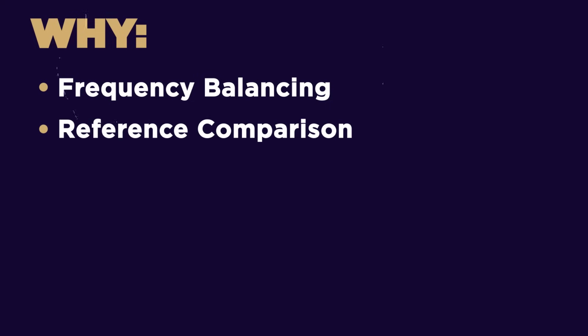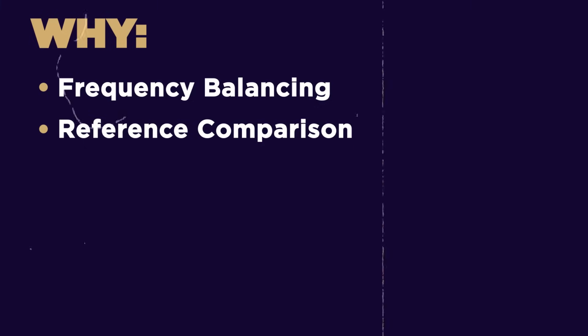Secondly, reference comparison. Comparing the metering frequency curve of your mix against reference tracks allows you to gauge how your mix stands up against professional or industry standard productions. This helps ensure that your mix is competitive and meets the standards of the genre or style you are working in.